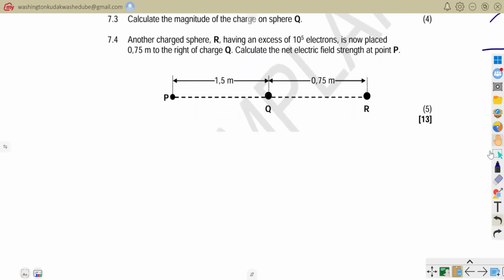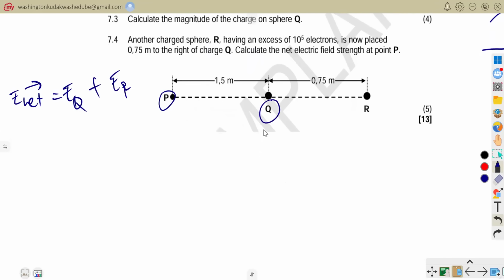Now we know that the net electric field can be given by the electric field at point P due to Q, plus the electric field at point P due to R. Now we need to determine the directions of this.